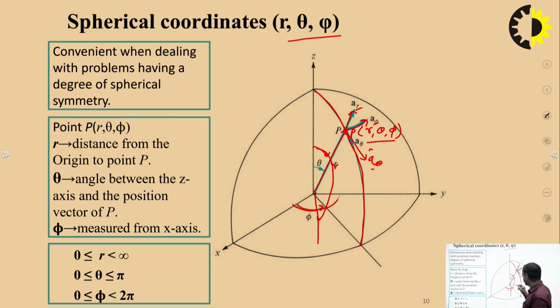So when we move from this point to this point, this angle will be 360 degrees. So in this way, the three variables r, theta, phi have the ranges 0 to infinity, 0 to pi and 0 to 2 pi. This range we also discussed in the cylindrical coordinate system, where rho, phi, z was there. The range is different for that, and for x, y, z in the Cartesian coordinate system.